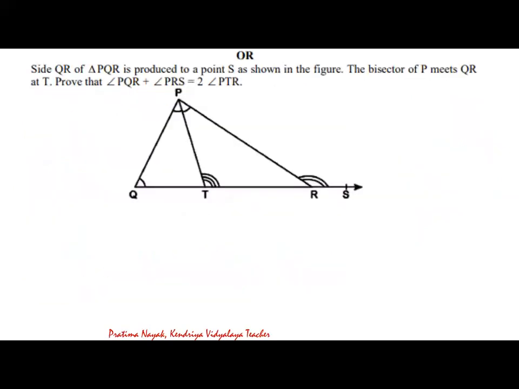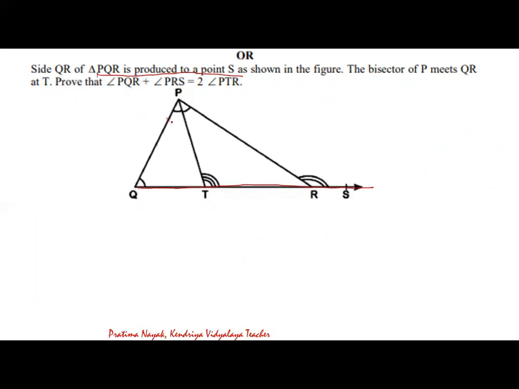Next, this is a textbook question only. The side QR of a triangle PQR is produced, the base is extended to S, as shown in the figure.